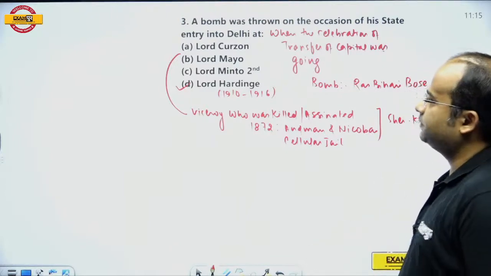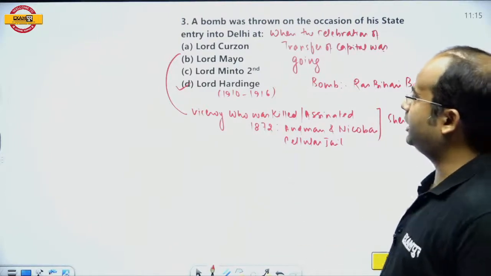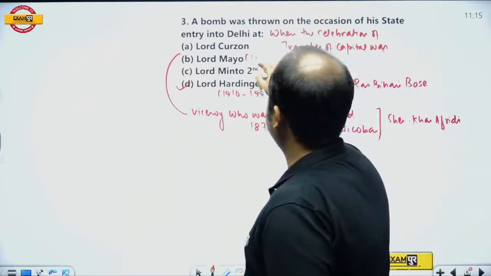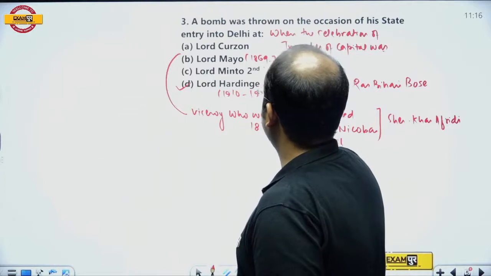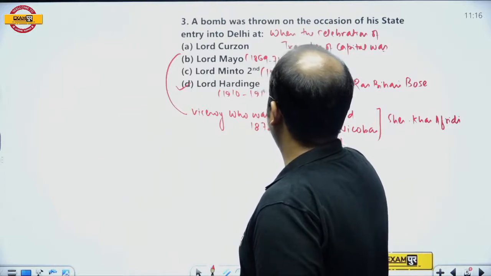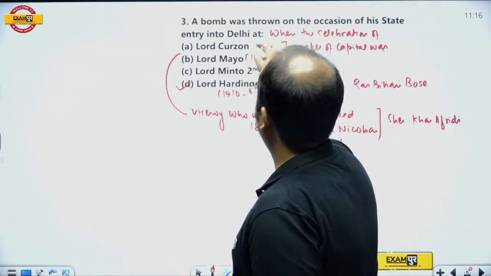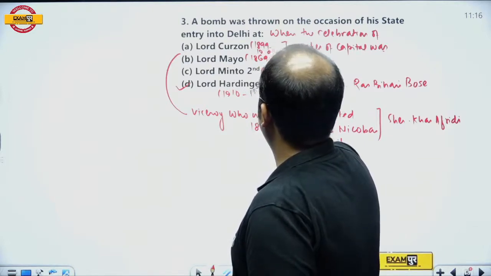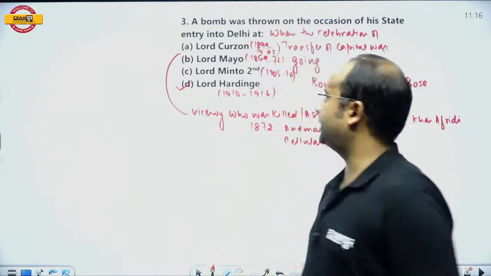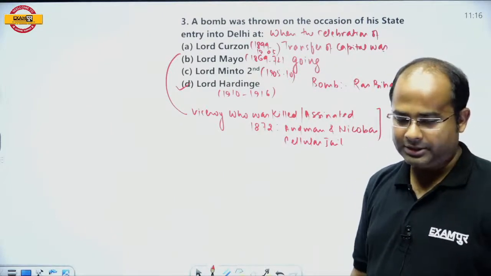So the correct answer will be, guys, option D, that is Lord Hardinge. Lord Mayo 1869 to 1872, Lord Minto II 1905 to 1910, Lord Curzon 1899 to 1905. So the correct answer will be Lord Hardinge II.